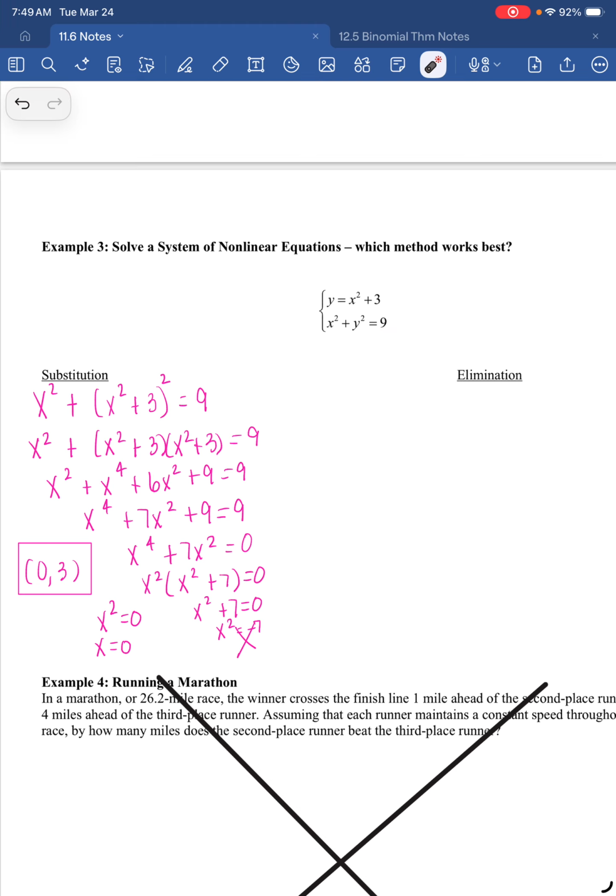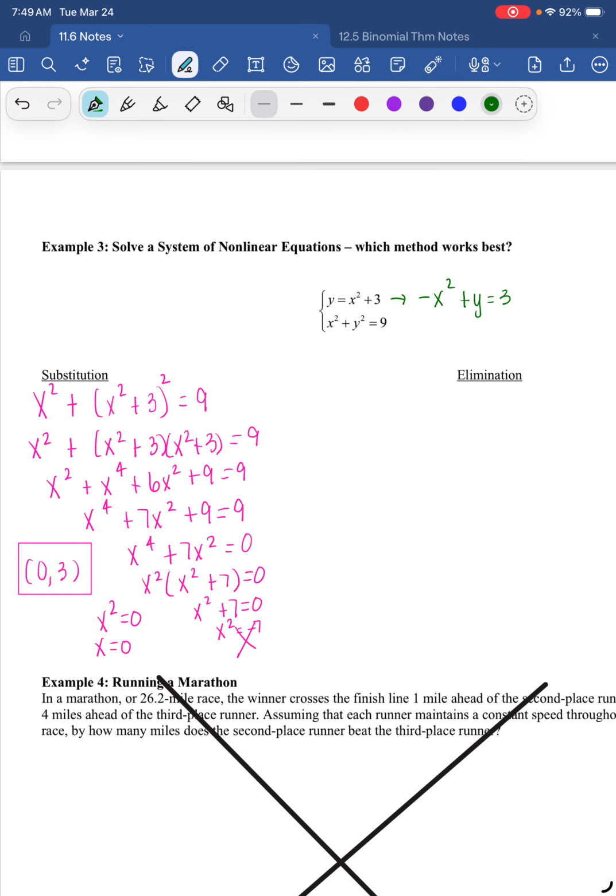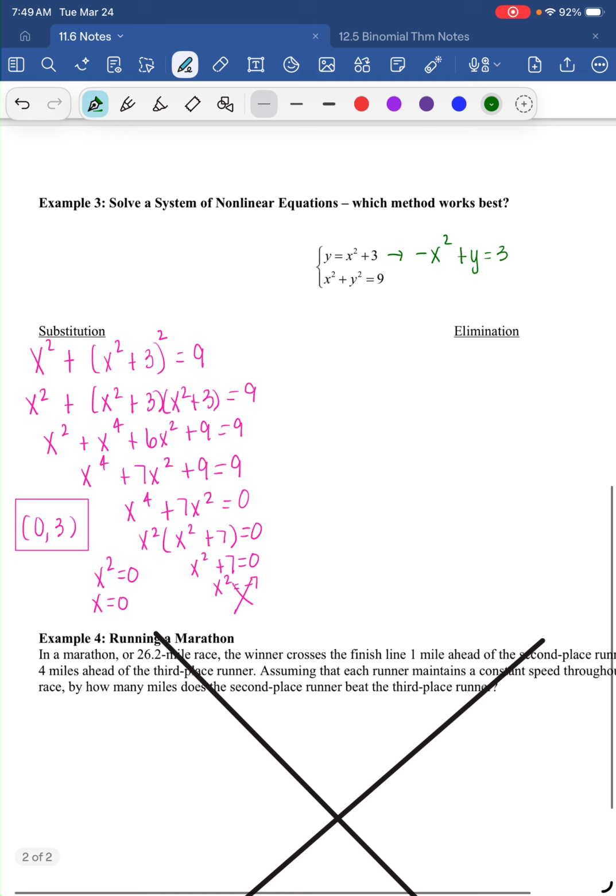So I'm going to alter this first equation, and I'm going to subtract x squared from both sides. Now my x squareds line up, my equal signs line up.